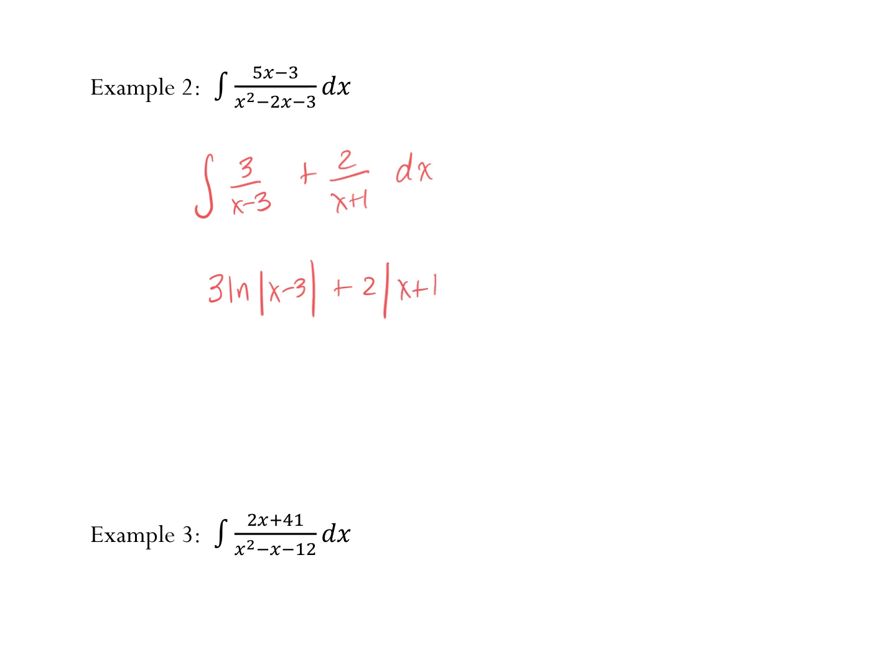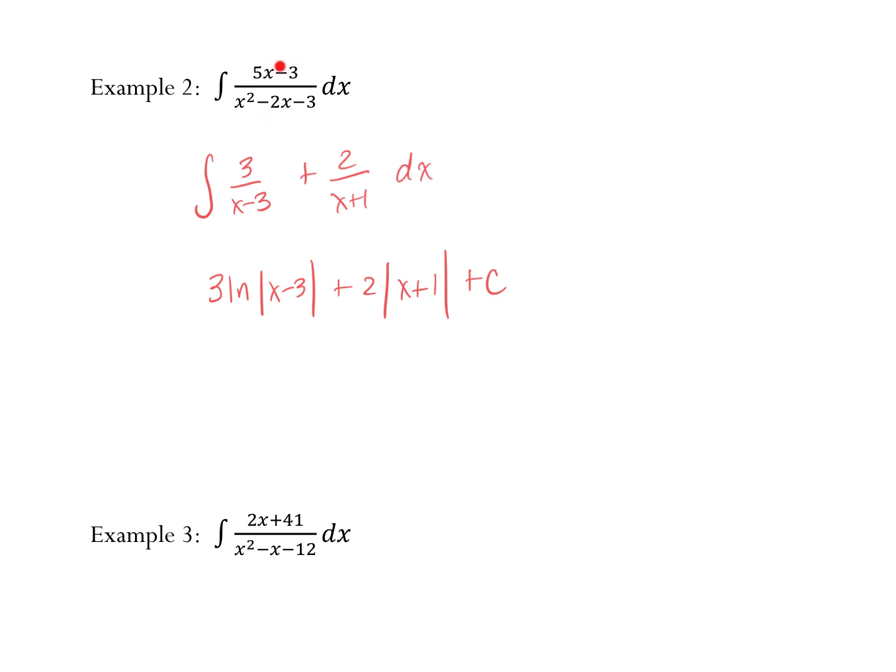Some things that are worth noting, and we'll see some examples of this next week when we start reviewing all the different integration techniques, is we use partial fractions when we don't see an easy u sub that would make this match what I have up here. We would also look to do this when the degree of our numerator is smaller than the degree of our denominator.